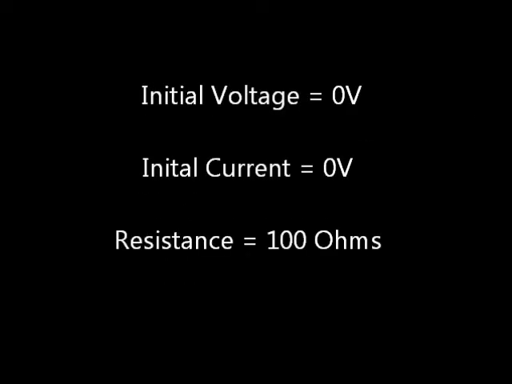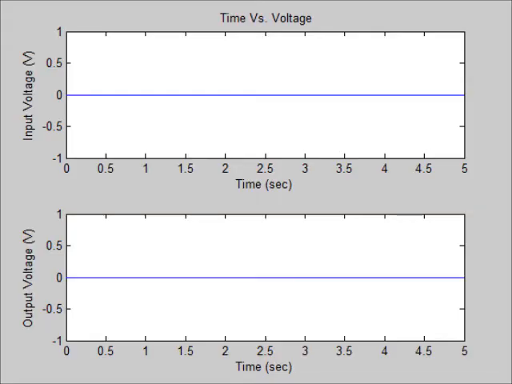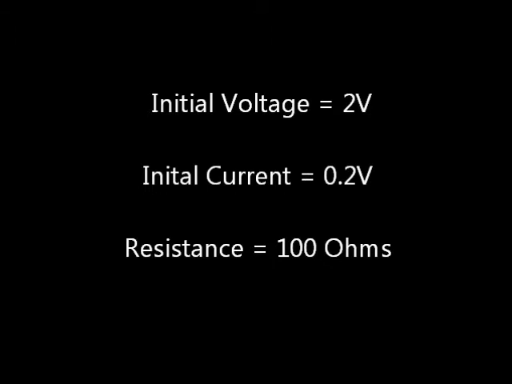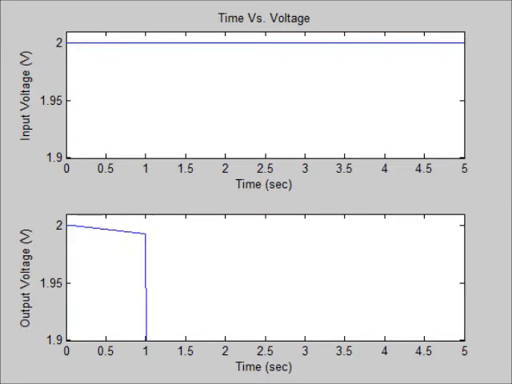So the first example I have is a simple DC input with zero voltage, and as you can see, it has no effect on the circuit. Next example, I set the voltage to initially be 2 volts. So the capacitor starts off at 2 volts, and it starts to decrease due to the resistance.